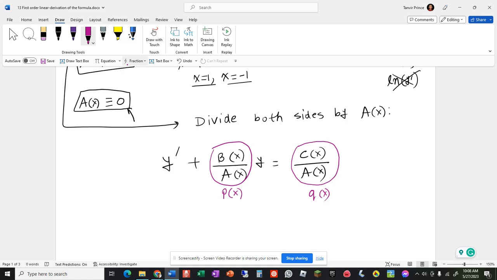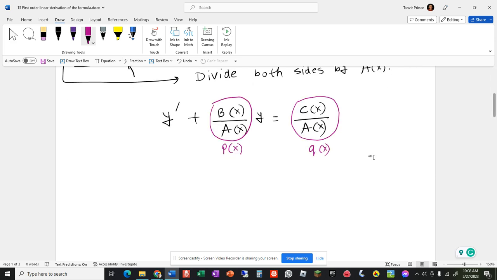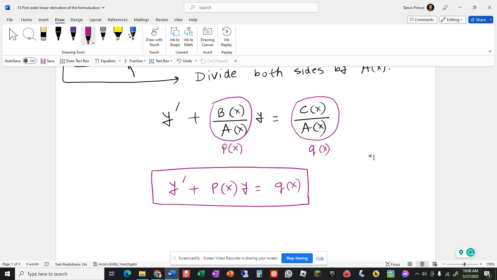So at the end of the day, all I have is y prime plus p of x times y equal to q of x. This is the standard form of the first order linear equation.